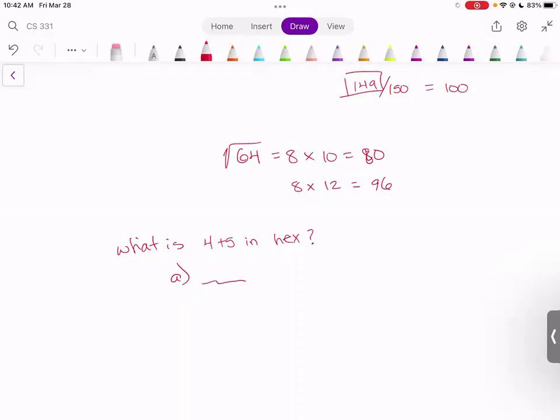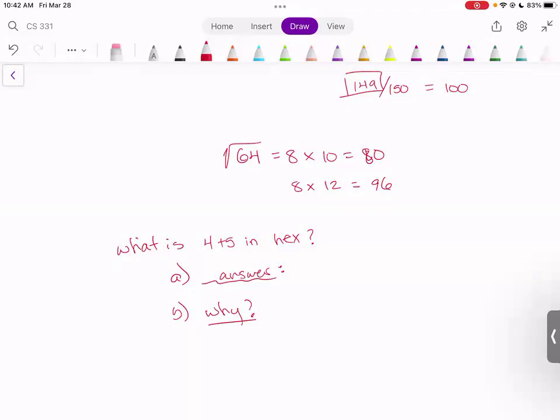You get the answer. Here's the answer. But here it says Y. If you don't get the Y correct, then you get the entire question wrong. It doesn't matter that you got part A correct.